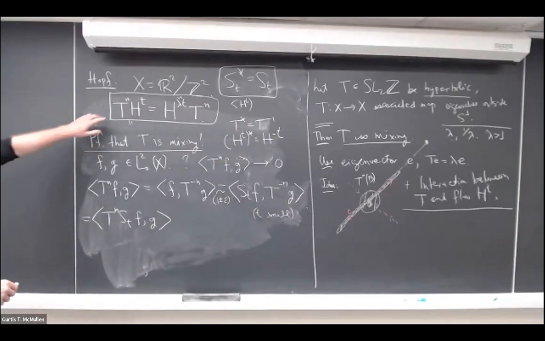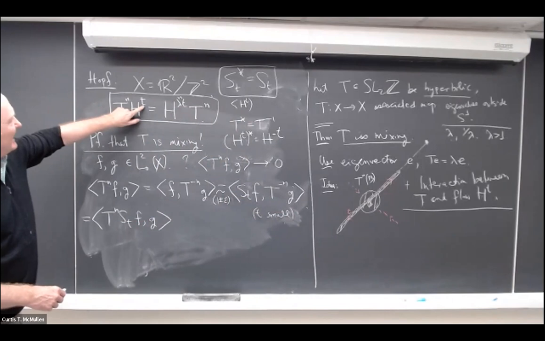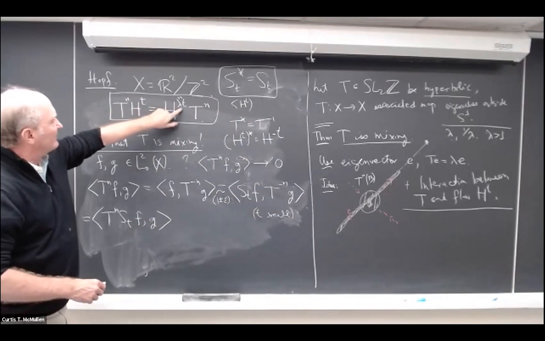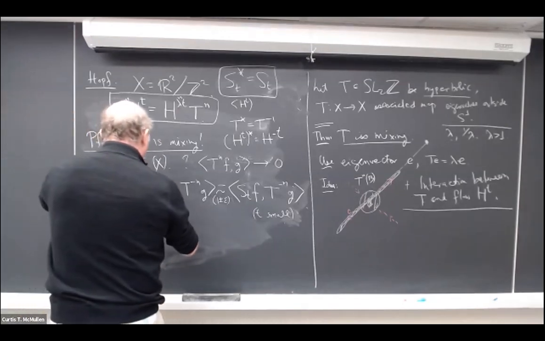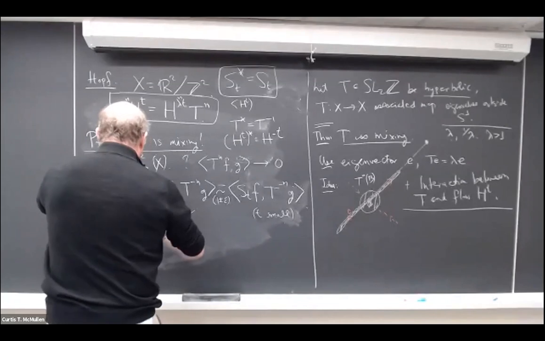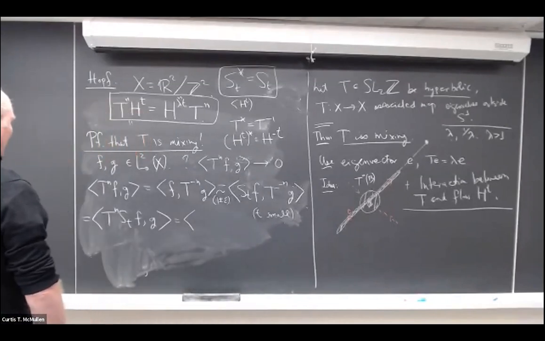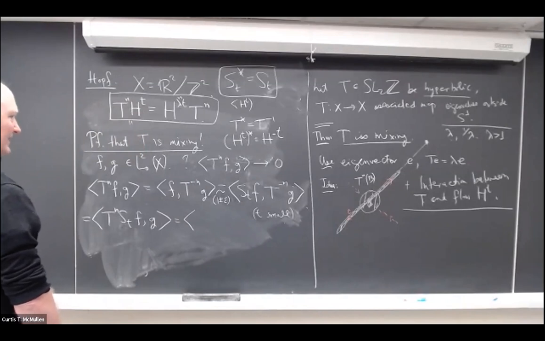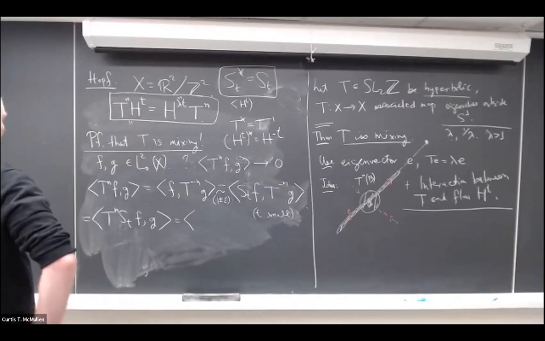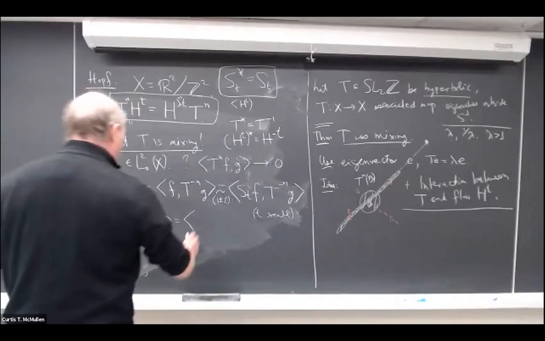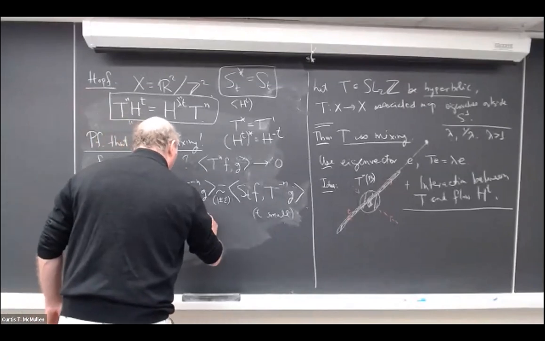And because of the fact that T to the n conjugates H_t and accelerates the flow by a factor of lambda to the n, it also accelerates the averaging process. So this is the same thing as, and now I'm probably getting myself a little bit confused. Okay, I guess this is going to be okay. It's a little less obvious than I wanted.